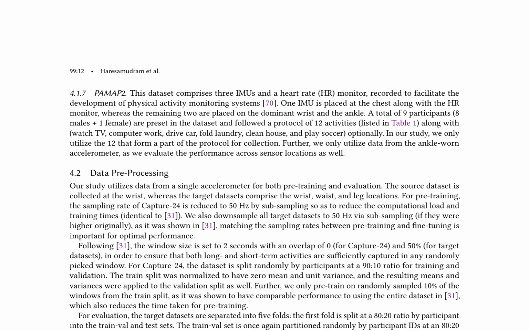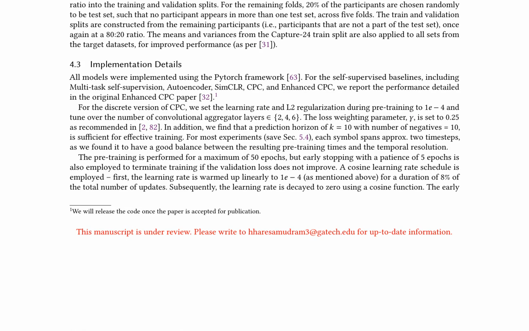For evaluation, the target datasets are separated into 5 folds, with the first fold split at an 80:20 ratio by participant into train and test sets. The remaining folds are constructed by randomly choosing 20% of the participants as the test set, ensuring no participant appears in more than one test set. The implementation details of the study utilize the PyTorch framework.